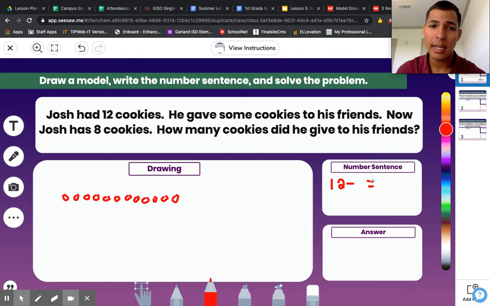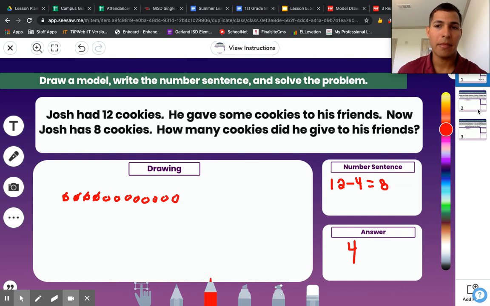And then he had 8 cookies at the end, right? This is what we're trying to find. So he had to give away 1, 2, 3, 4, 5, 6, 7. He had to give away 4 cookies, right? So we know our answer is 4.